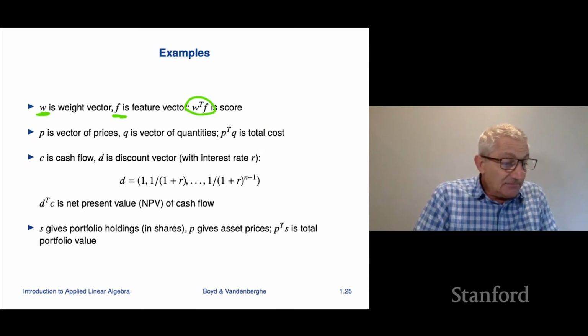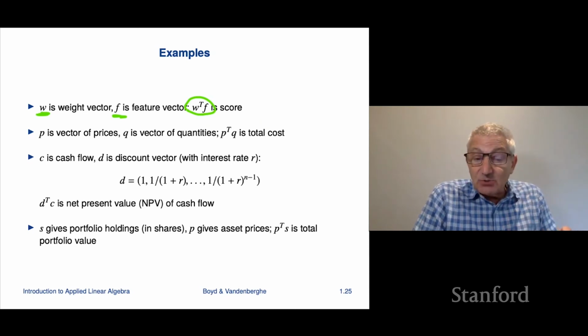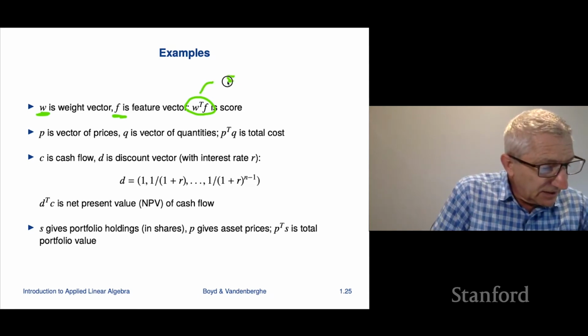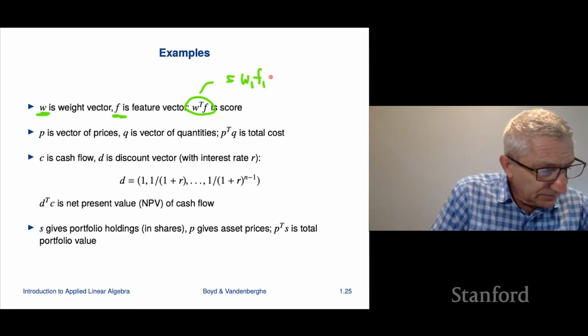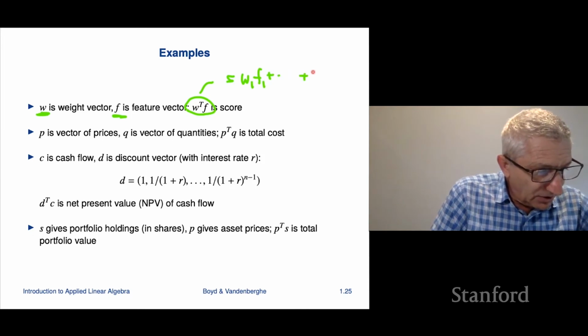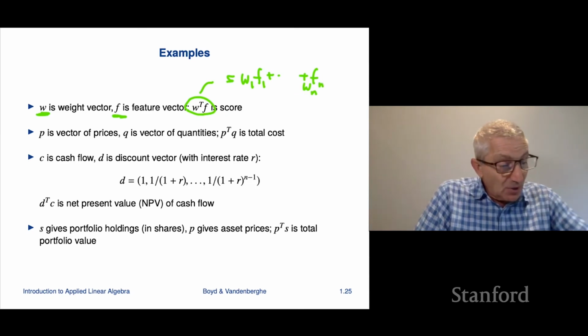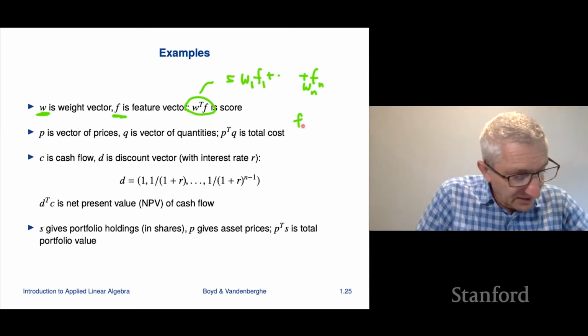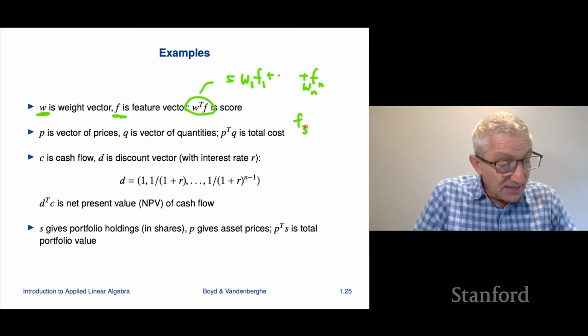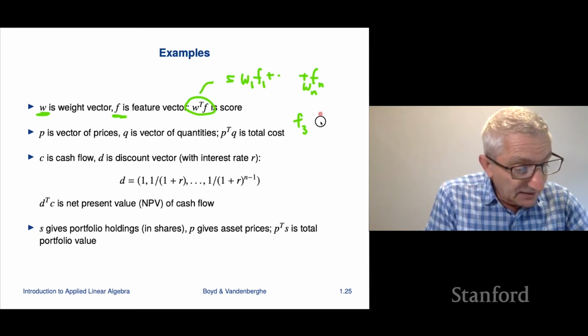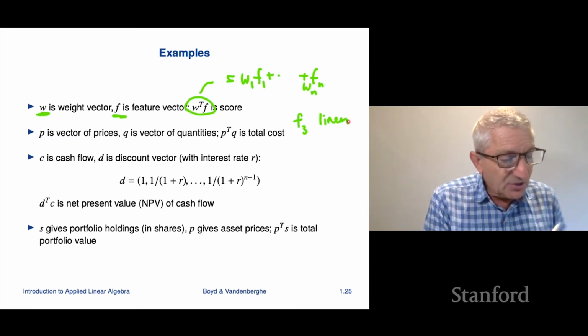The entries of w are actually very interesting here. This thing is going to be w_1 f_1 plus, and then you go over all of these, plus w_n f_n. Let's suppose that f_3 is the number of times the word "linear" appears in your document.